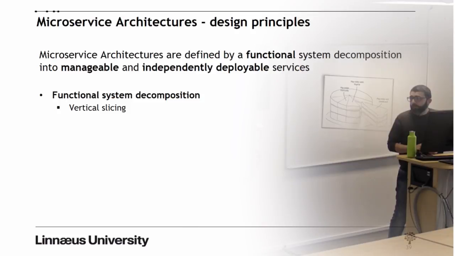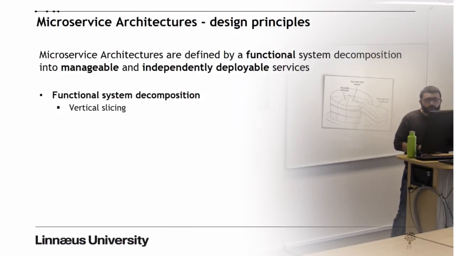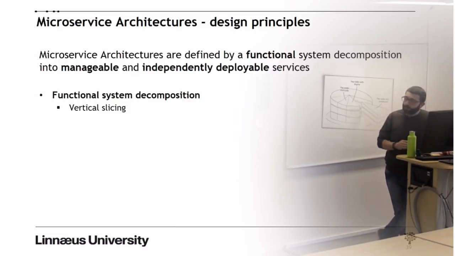In contrast to other types of software architecture, here the decomposition should be vertical. As we will see, every single service must implement everything it needs. We will go into this concept in the slides.